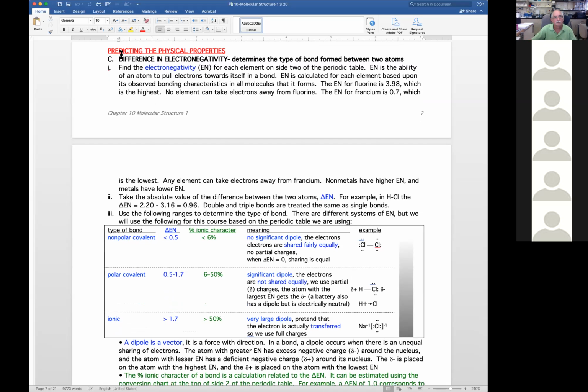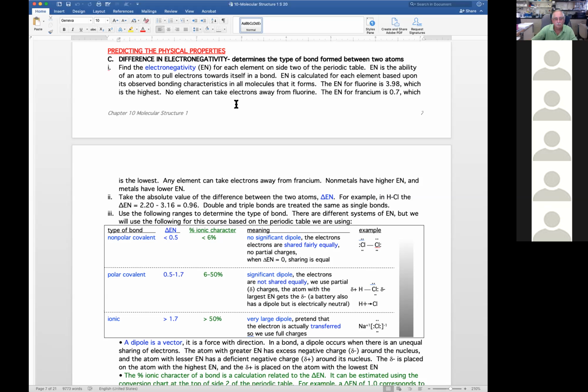So what about the difference in electronegativity? This is C, right? We went all the way from A through D in the beginning with water. So the electronegativity is the ability of an atom to pull electrons towards itself in a bond. It's a calculated number. But that doesn't necessarily help us.